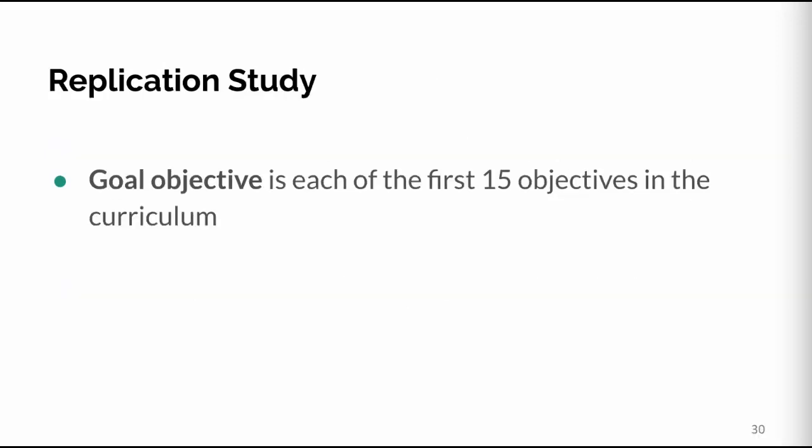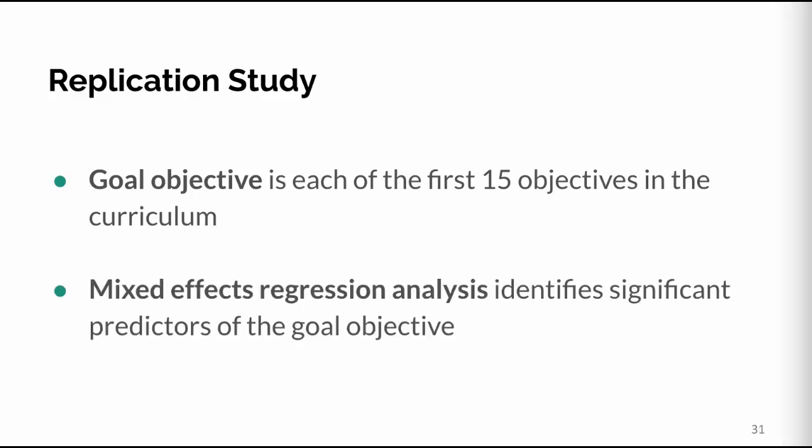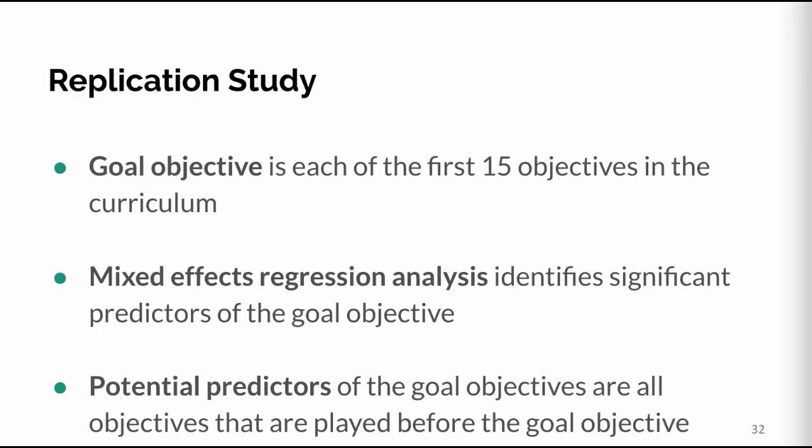We now define goal objective as each of the first 15 objectives in the curriculum. This study uses mixed effect regression to know what objective significantly predicts performance in another objective. Potential predictors of the goal objectives are all objectives that are played before the goal objective.